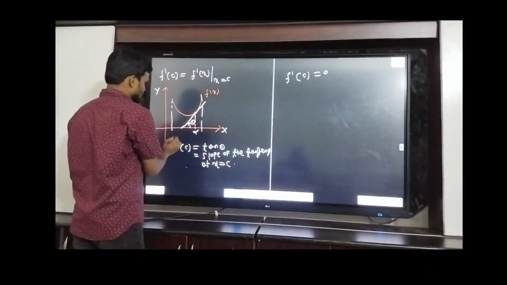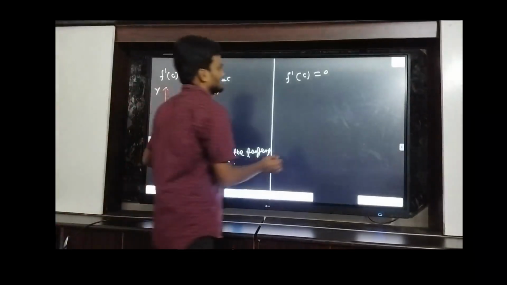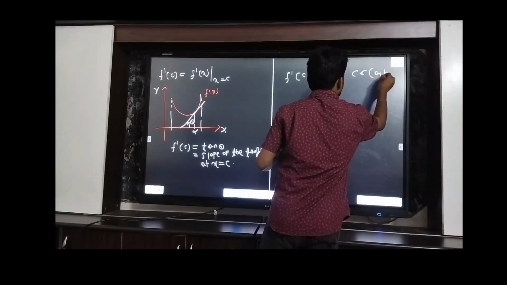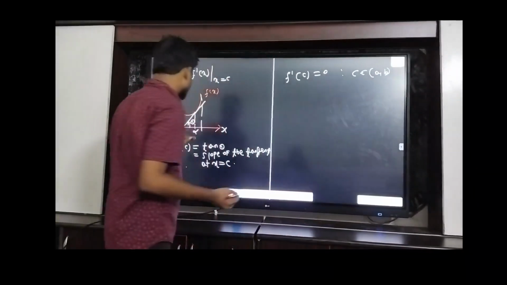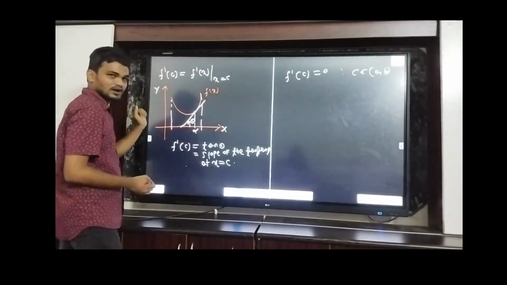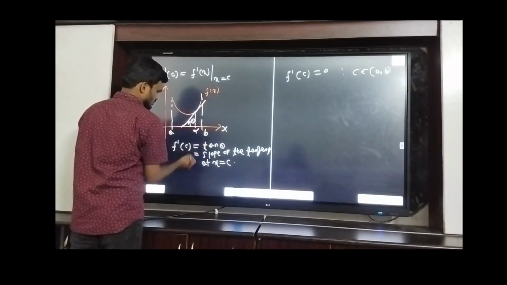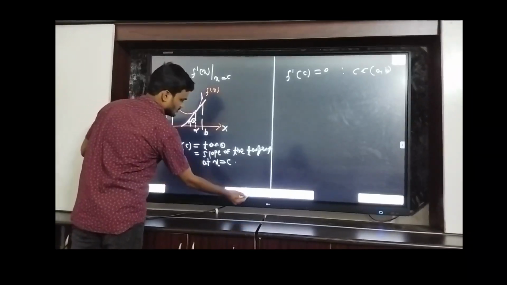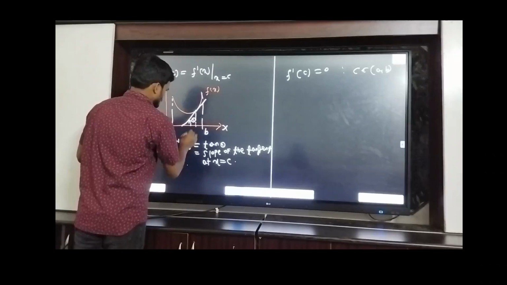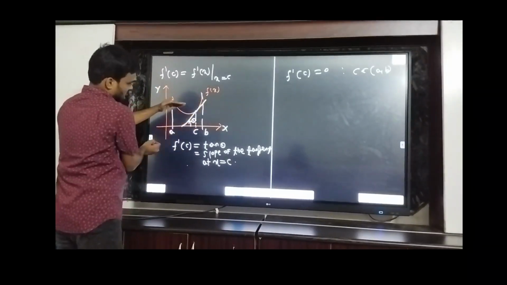Suppose C is any point between open interval AB, right? Where it is C belongs to open interval AB. Suppose our theta is the angle of the tangent at point C in the open interval AB. Suppose this is we are taking out A, this is our B, and suppose this is C. So at the point C we are producing the tangent.